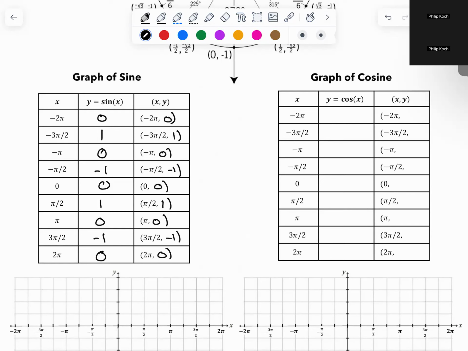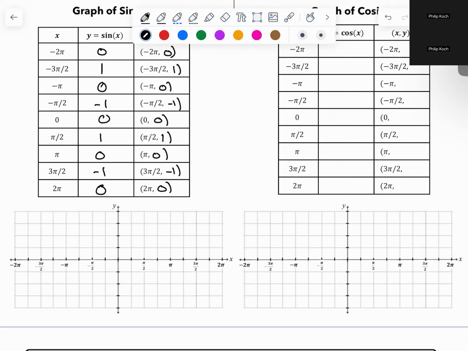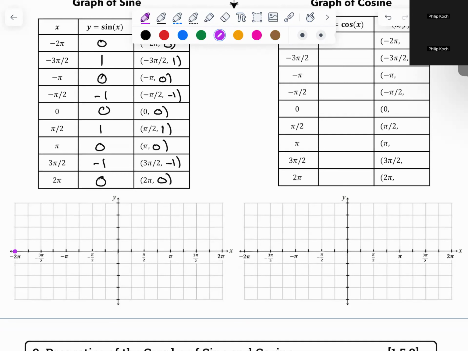And so the graph of sine, then, we can figure it out from this information. We can plot all those points. So I got a nice graphing grid here that's already broken down in terms of pi over 2s. So negative 2 pi, it's 0. Then 3 pi over 2, it was 1. And just to make it look a little bit better, let's make this 1.